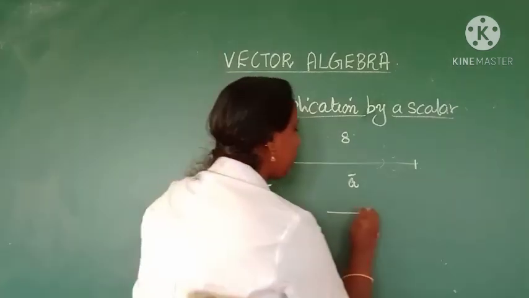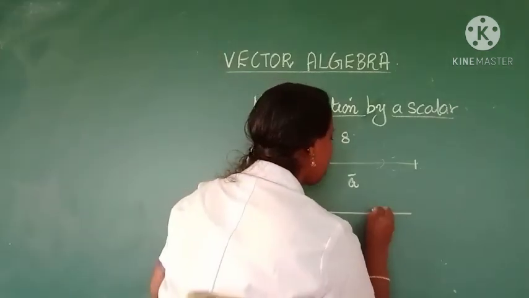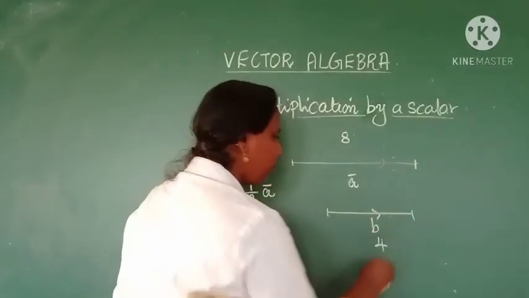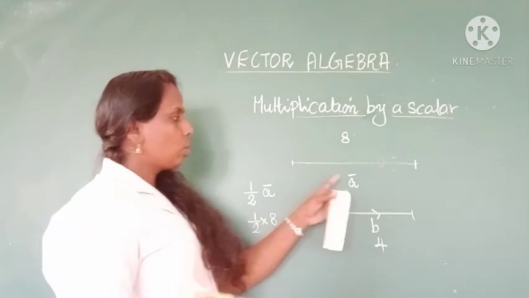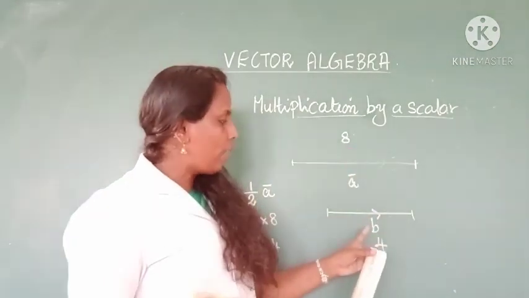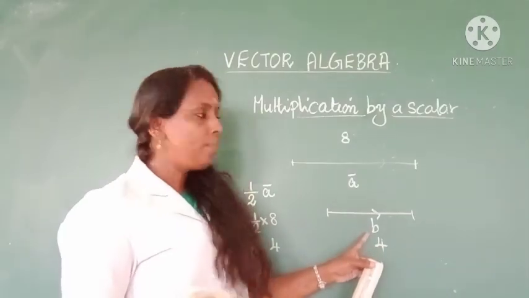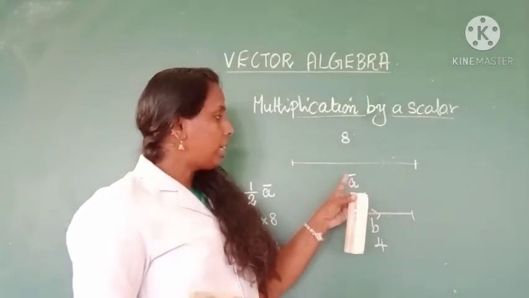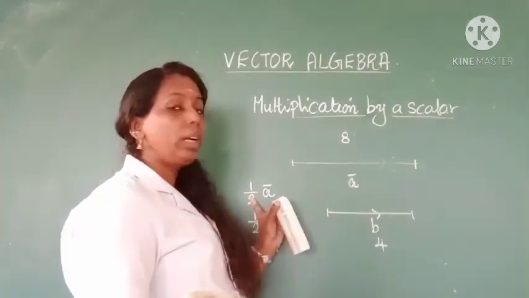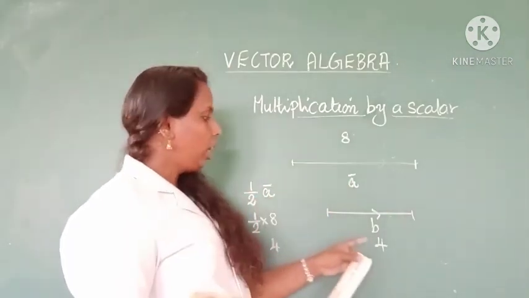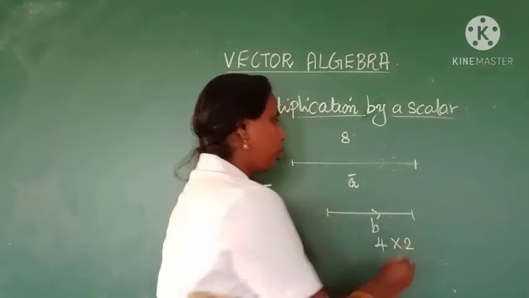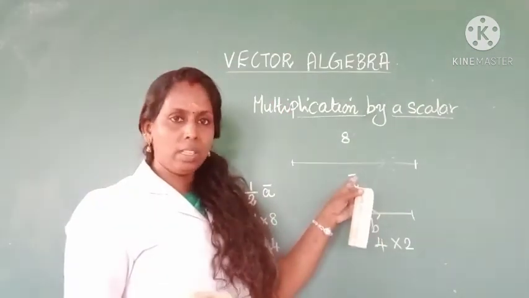It is another vector B, and its magnitude is 4. Is that clear? So vector A has magnitude 8. Vector B is a vector obtained by multiplying vector A by a scalar. What is the scalar? 1 by 2. If we multiply this vector with a scalar 2, we get this vector.